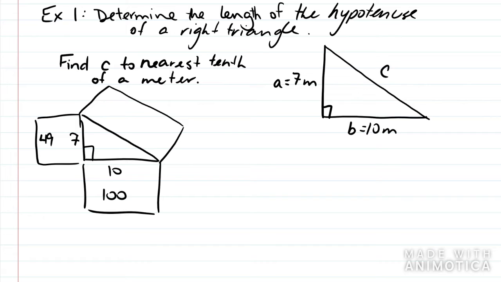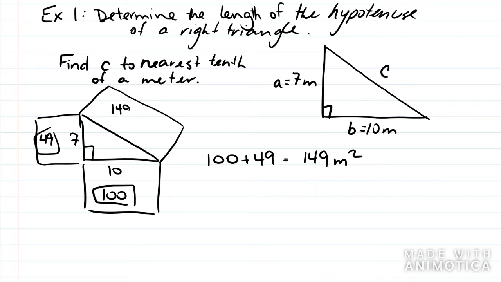So how did we figure out the area of the biggest square? Well, we added these two together. So 100 plus 49 gives us an area of 149 meters squared. Well, that gives us this area, but we're not looking for the area.